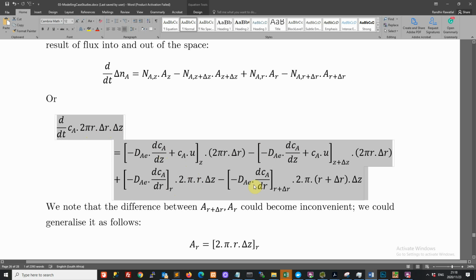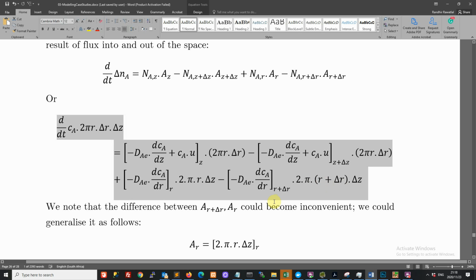For these next two terms, we've got the 2 pi r that can cancel with that. But here we've got 2 pi r plus delta r. Remember that outer surface is slightly bigger. So we can't cancel this r plus delta r by this r. We can imagine there's a bit of inconvenience coming up here.